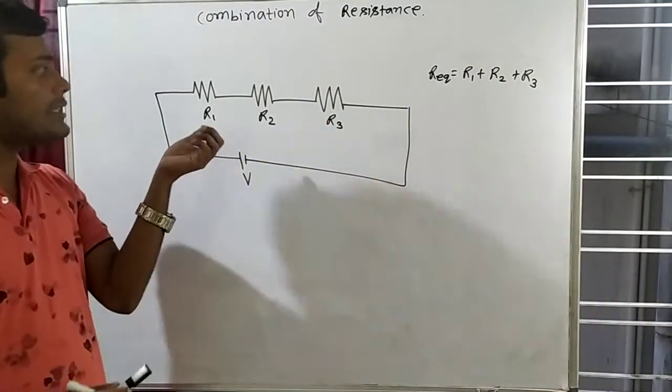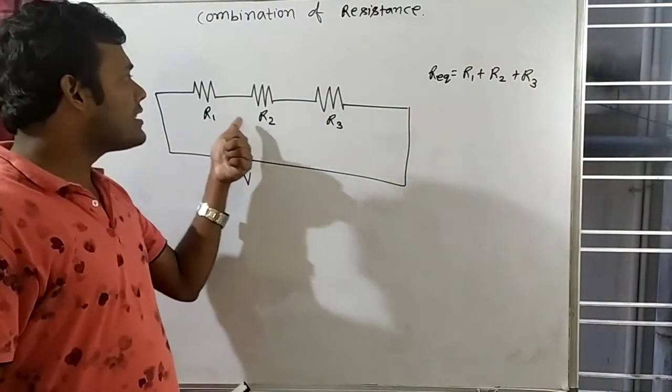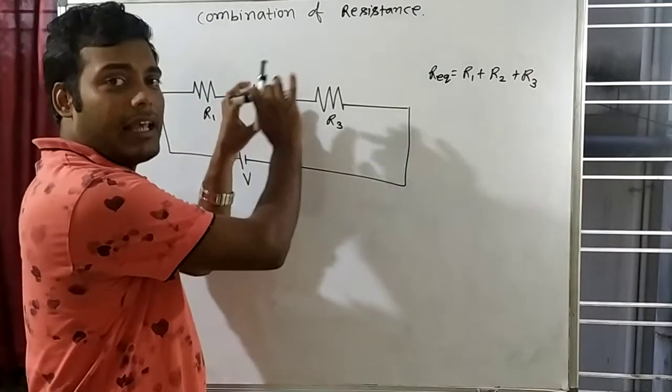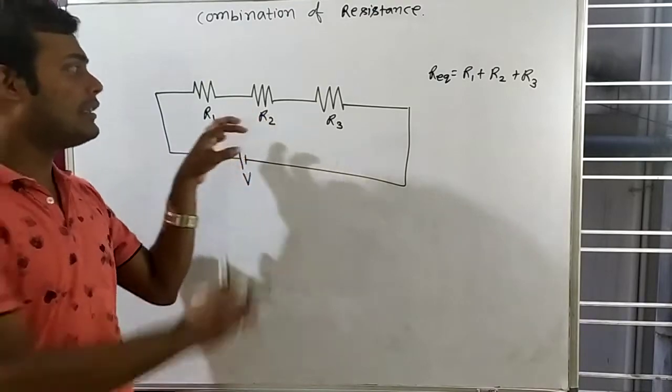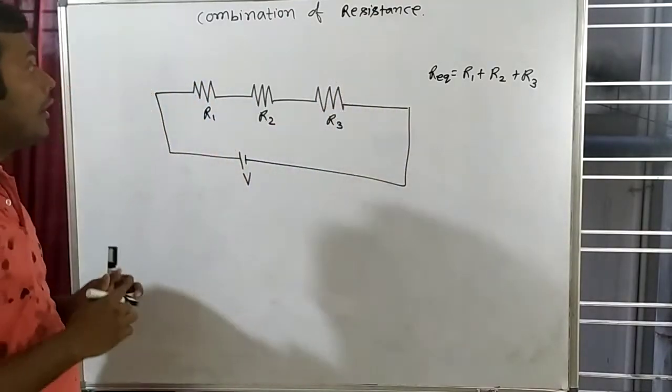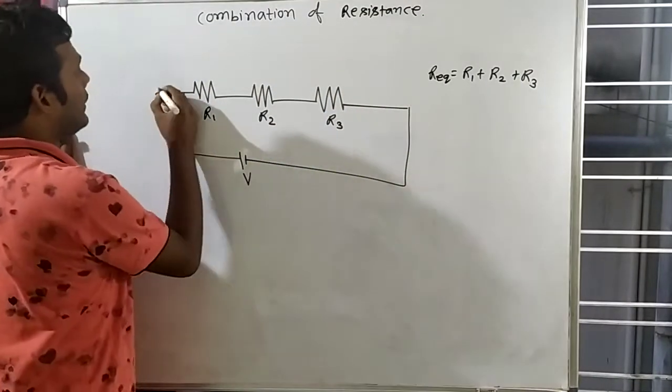In a series combination, all resistors are connected in a line, in the same line. See that R1, R2 and R3 are connected in the same line. The other way to identify is like this.